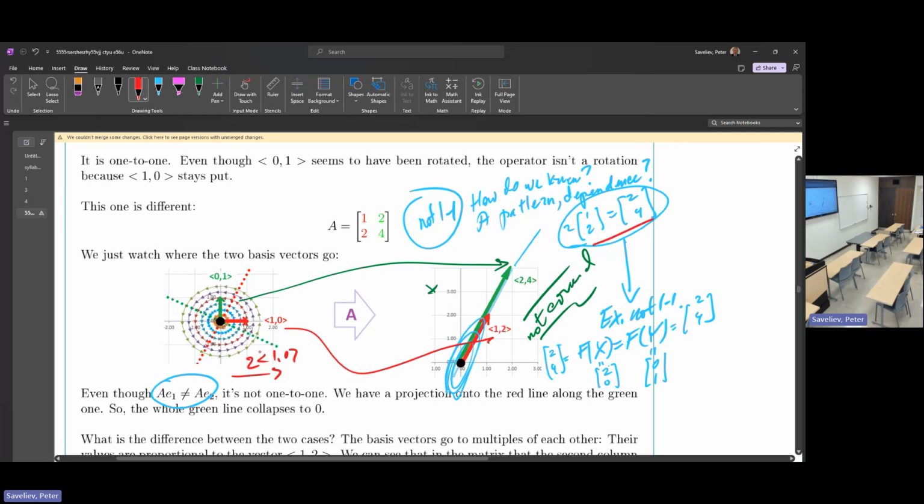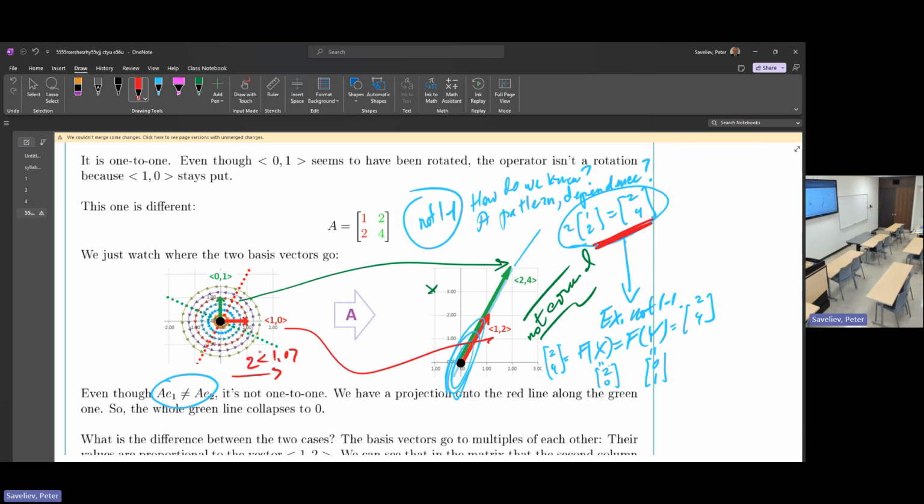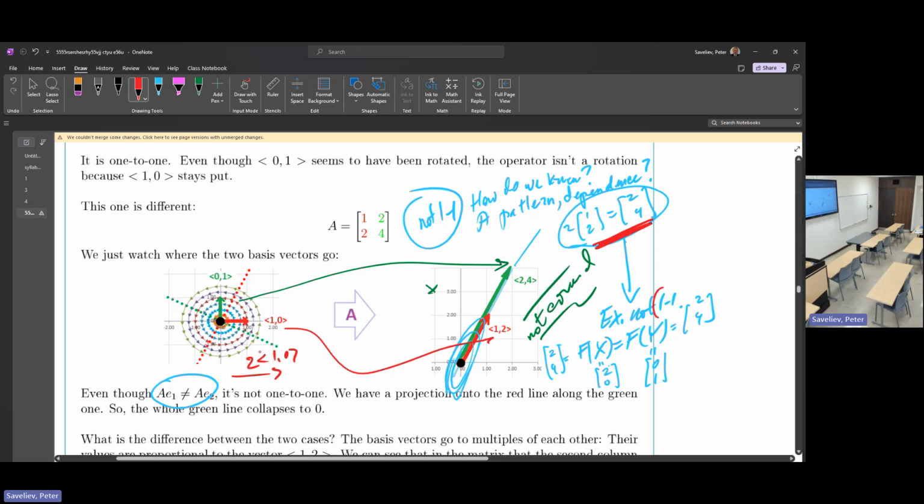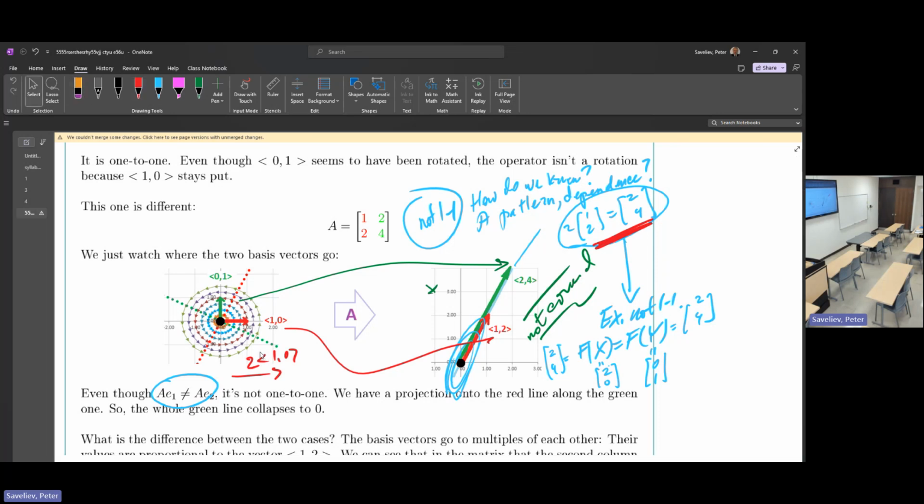Based on this observation, the dependence between the two columns, it's a multiple. It's very simple in dimension 2. Then if I take a multiple of the first basis vector, multiply by 2, according to this, it will go to the same place as the second basis vector. So that creates right away the fact that it's not one-to-one.